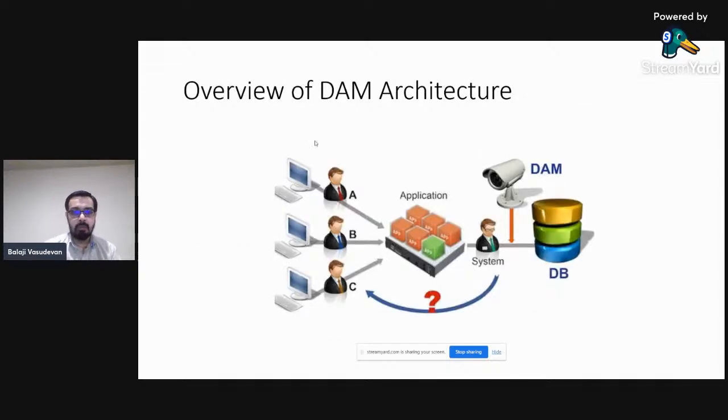Moving on with the DAM architecture. Here we go. We all know this is a very common architecture diagram that everyone should know. It is just about where this DAM tool gets positioned. If you see here, the application is here, the database is here, and there are clients trying to talk to this application, and the application is trying to talk to the database.